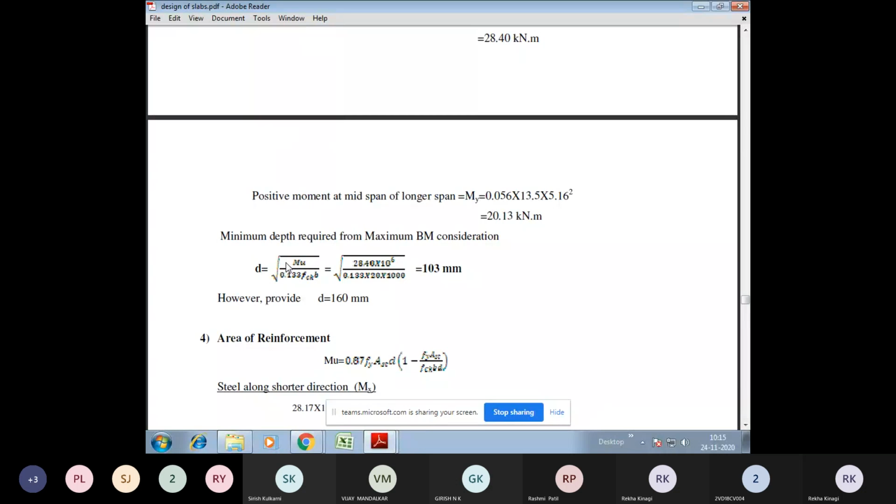So considering Mu is equal to Mu limit, and for Fe 500 grade of steel, we have the equation Mu is equal to 0.133 fck b d square. So out of this, if we calculate d, it is 103 mm. However, we have provided the effective depth as 160 mm. Hence, the provided depth is more than that of the required depth.